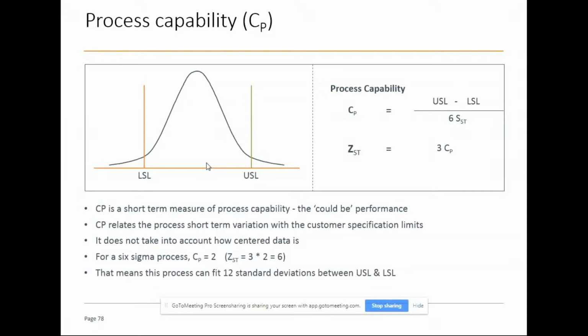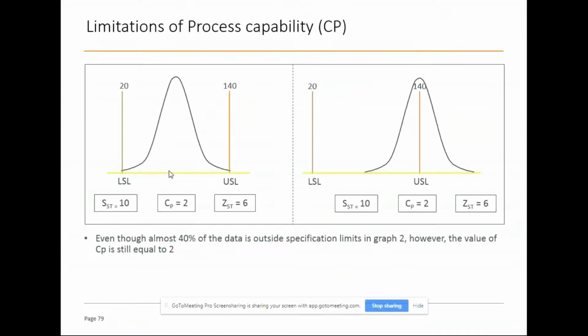Now, there is a limitation as well, and I'll show you an example of why. If you look at the process on the left hand side, upper specification is 140, lower is 20. So if we see the formula, upper minus lower, 140 minus 20 is 120, divided by 6 standard deviation.